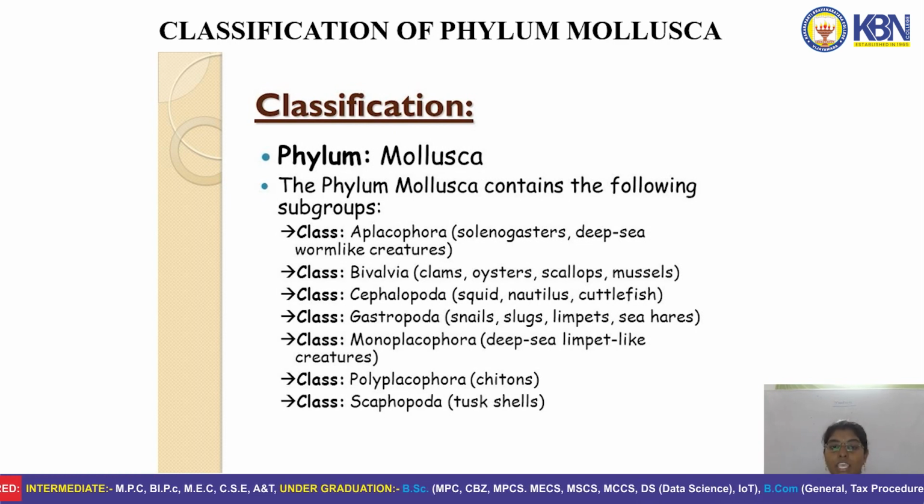Next class, Gastropoda: snails, slugs, limpets, sea hares. Next, Monoplacophora: deep sea limpet-like creatures. Next class, Polyplacophora: they are chitons. Lastly, Scaphopoda: these are tusk shells.